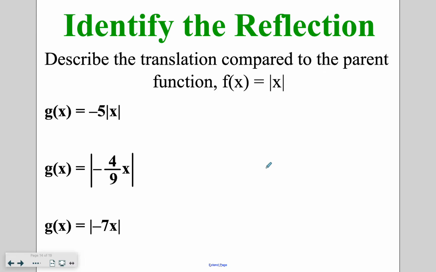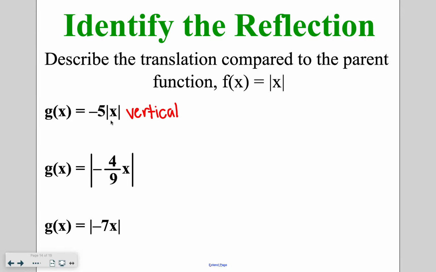So now we're going to put the dilations and the reflections together. So we can immediately tell all of these are reflections because they have a negative sign with them. So it's not just going to be vertical or horizontal, it's also going to look at those reflections. So I'm going to start by saying, okay, this is a value that is outside my bars. So this is going to be a vertical change when it comes to the dilation.